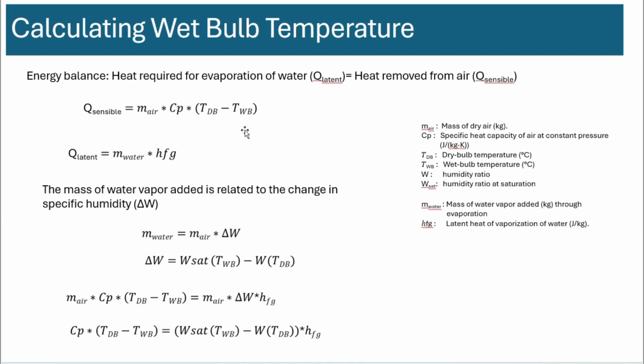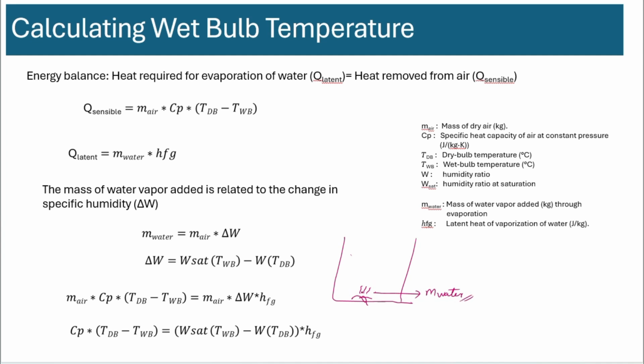So how do we calculate that? Let's consider a small amount of water that is on the thermocouple that's evaporating. Let's say the amount that evaporated is m water, the small amount of water that has evaporated.